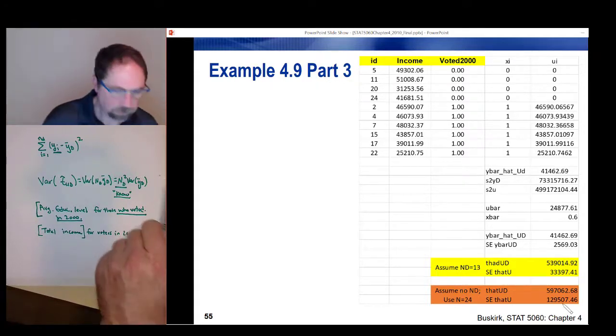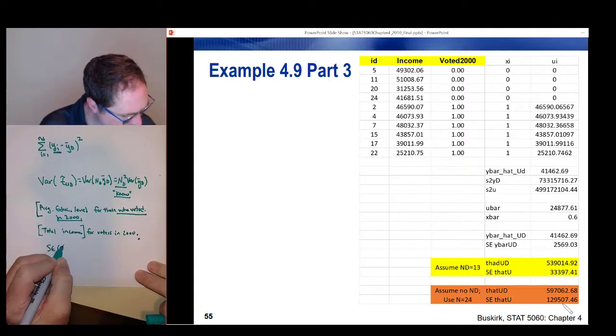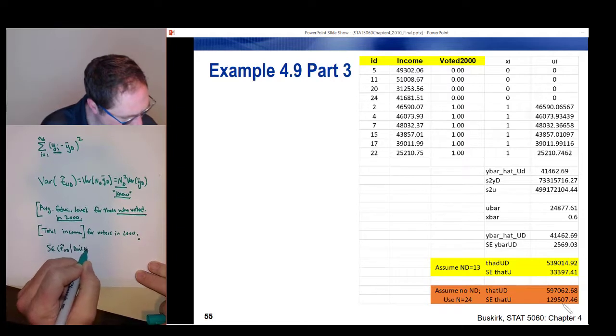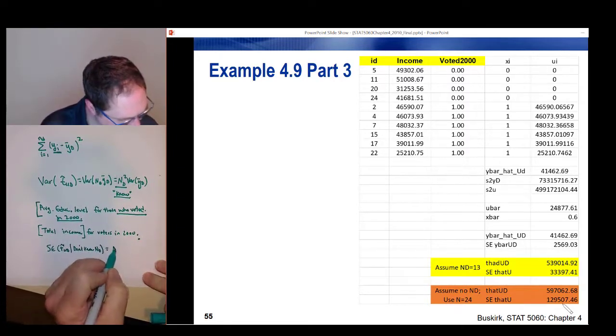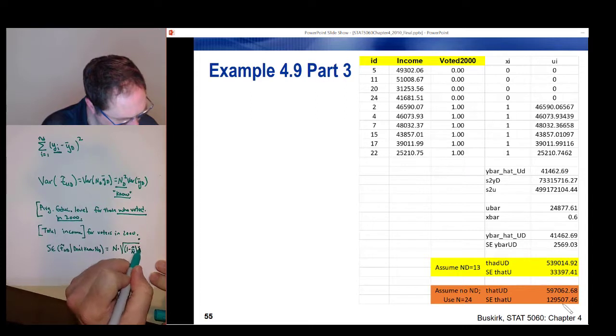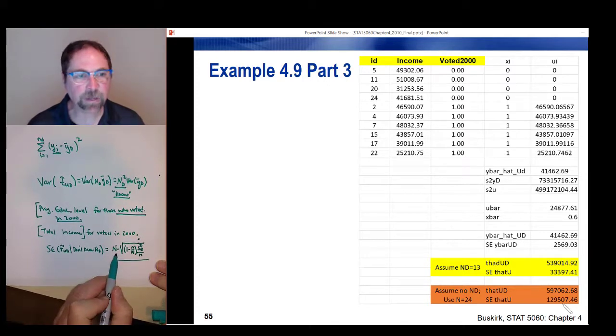So again, the standard error of t hat ud, where I don't know nd, is going to be n times the square root, and so I use n is 24.